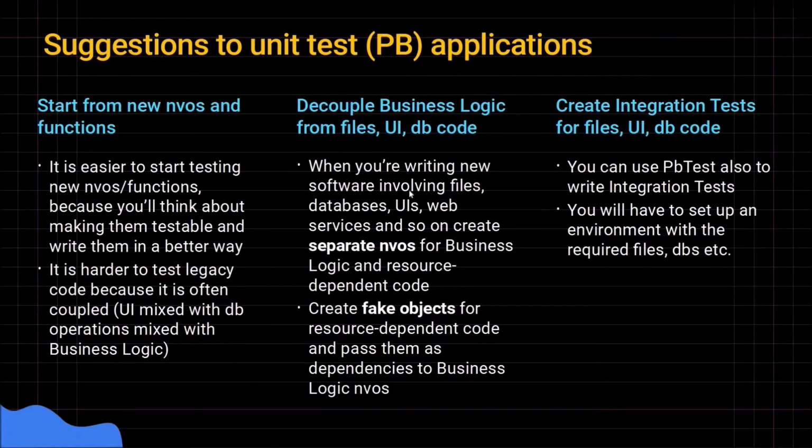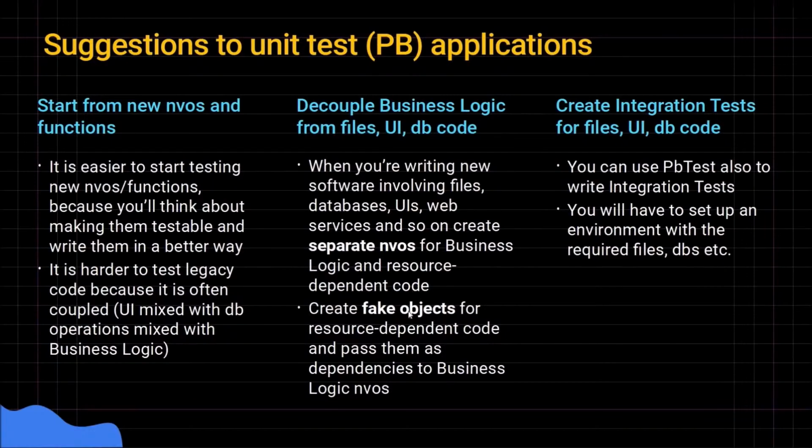We should start decoupling business logic from code that works with UI, databases, web services, and so on. How? By writing separate MVOs with business logic. For instance, if we have to validate a form, validation code that is business logic should be put in a separate MVO from the window code and unit tested.